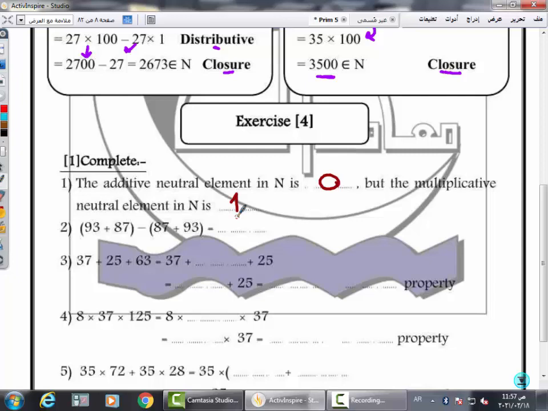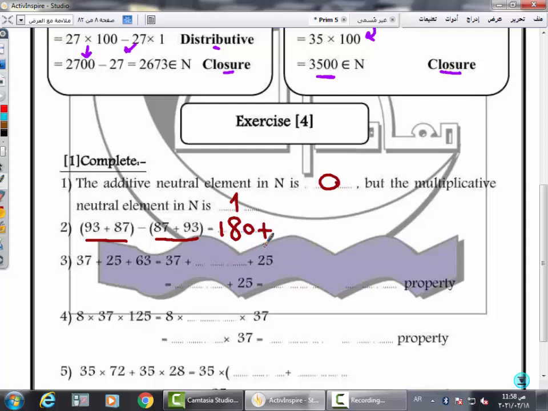93 plus 87 minus 87 plus 93. We will solve this operation and solve this operation and make minus 93. 93 plus 87 equals 180.